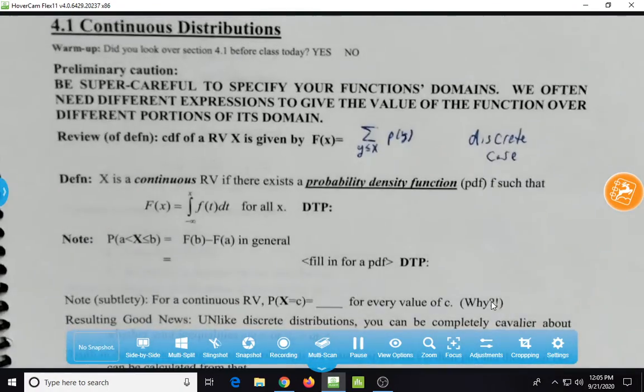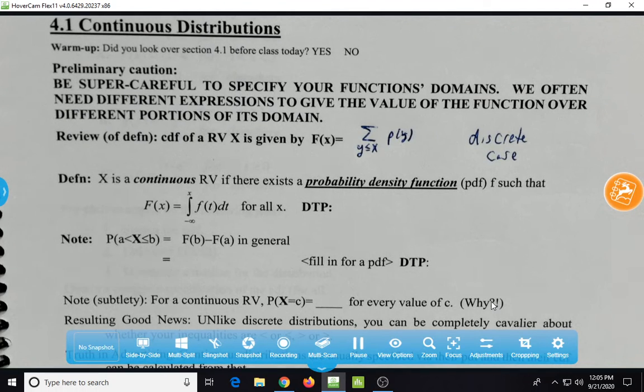This cumulative distribution function is nice because you do a lot of calculations, and those kind of formulas that you have, you should keep reviewing those. Now, if you have a continuous random variable, then the probability density function will be a PDF f such that the cumulative distribution is the integral from minus infinity to x of f(t) dt for all x.